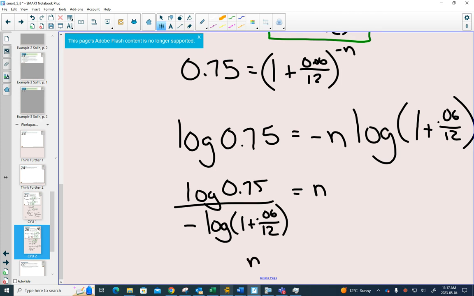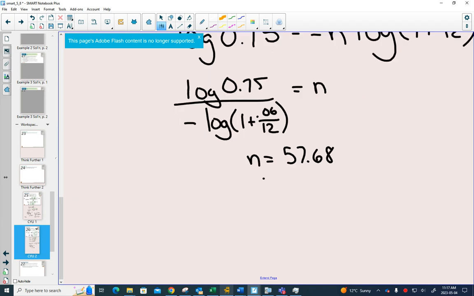And we get n equals 57.68. So the question was, how many payments would it take you to buy this vehicle? It would take 58 payments.